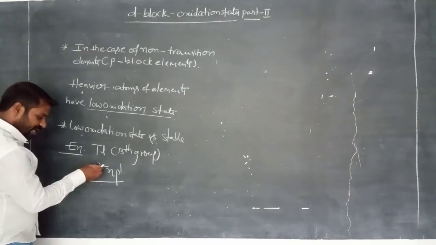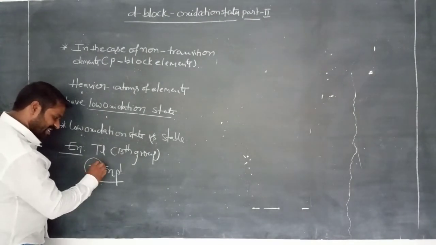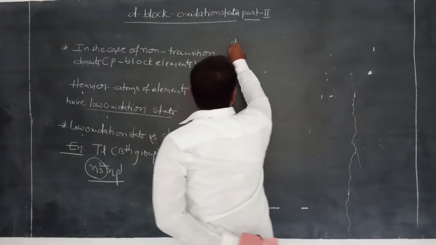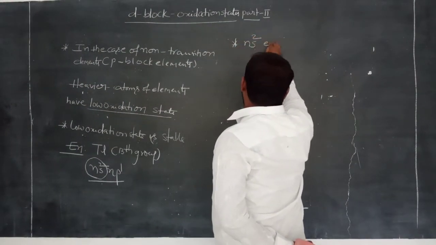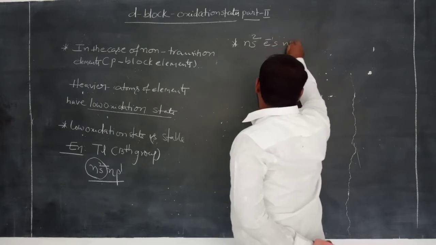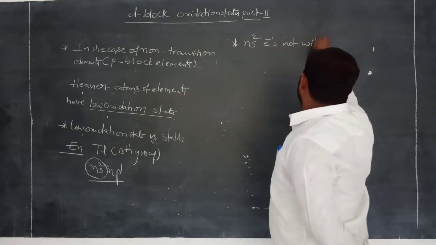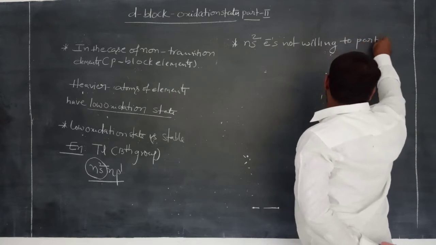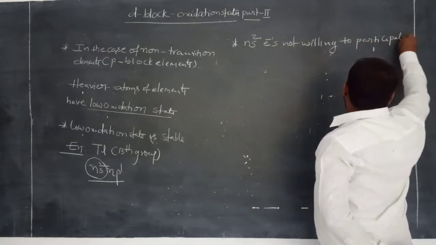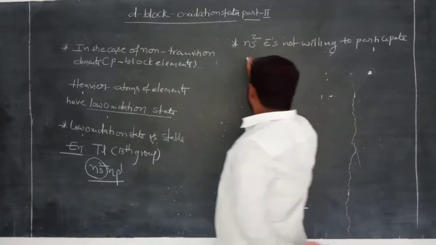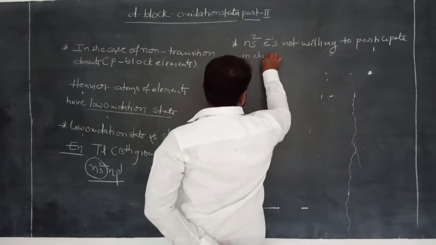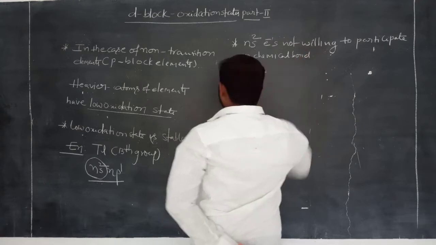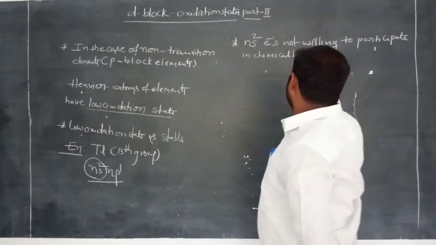But these 2 electrons in s are not willing to participate in chemical reaction. So the ns2 electrons are not willing to participate in chemical bonding. That phenomenon is called the inert pair effect.